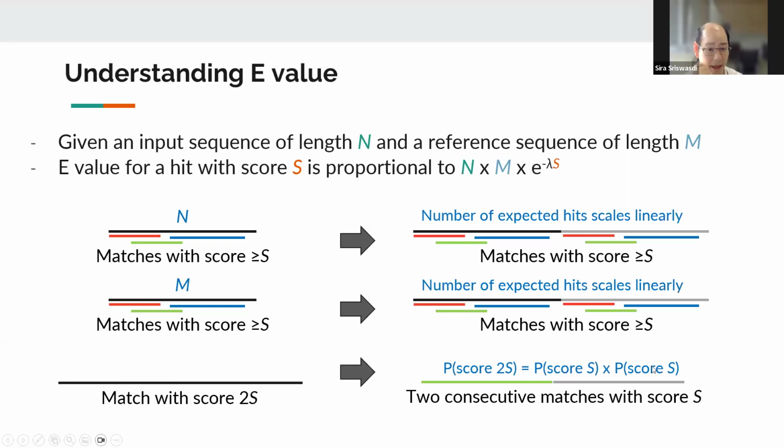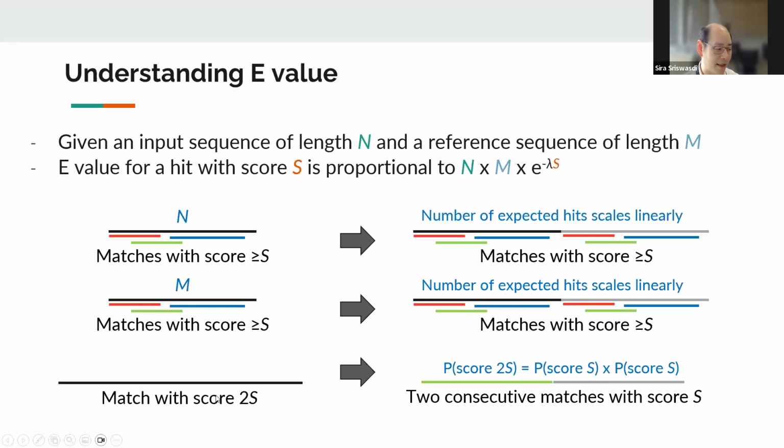So you can think of this as if you roll a dice, and the probability of getting this score is the probability of getting a 1 out of your dice. If you were to roll the dice twice in a row and get 1 and 1, it's the probability of getting 1 times the probability of getting another 1. So it's multiplicative.